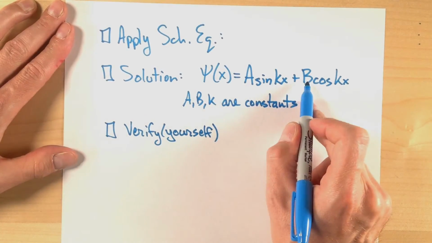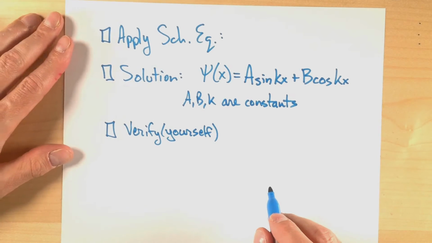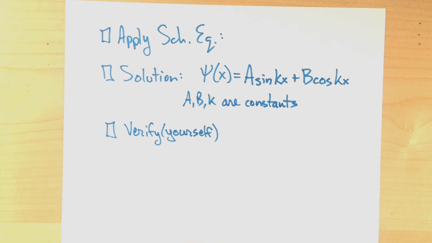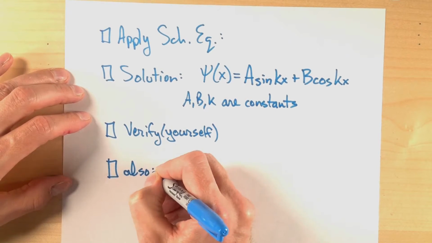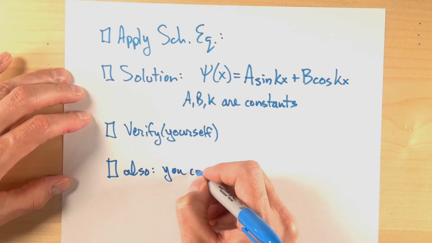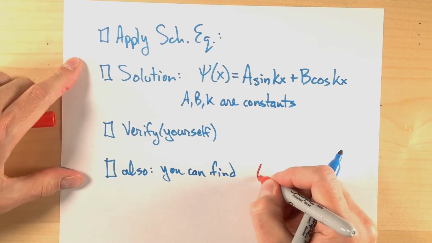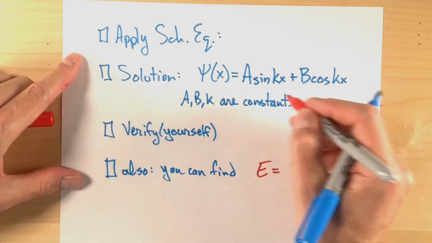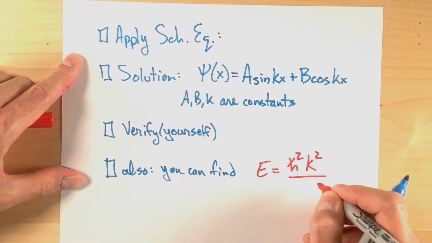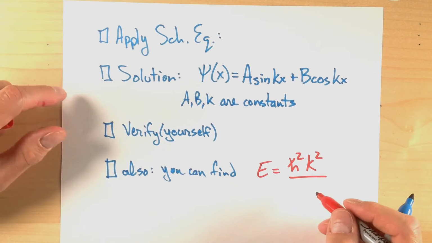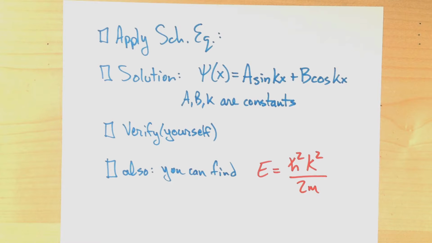Just put this into the equation and see that the two terms add up to 0. You'll also find that the energy of this solution is equal to h bar squared times k squared divided by 2m.